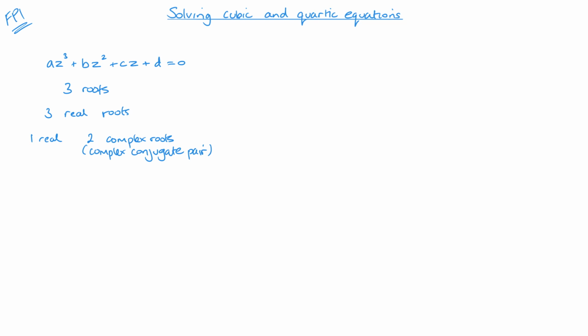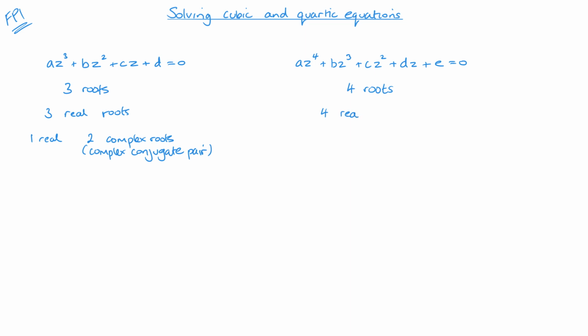Now, a quartic is obviously the higher power. With a quartic, you're going to get four roots. Obviously, all four roots could be real.